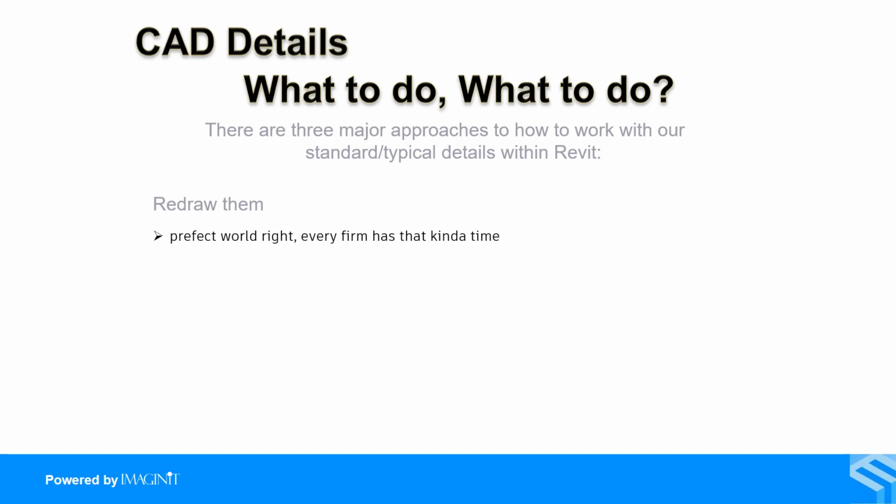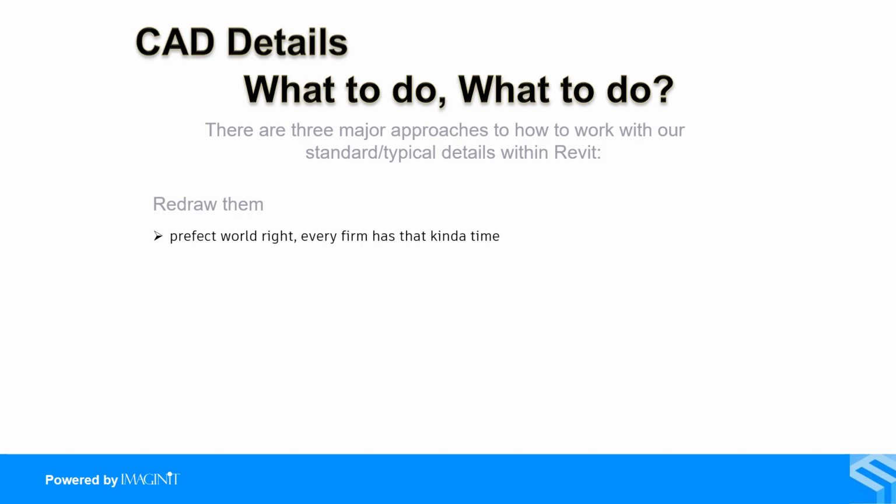So one of the solutions to this is the word intern. We can get an intern to start redrawing them. I will say that redrawing something in Revit is a great learning tool in how to use Revit, because you don't have to think about the design or whatnot. You're just sort of pushing this back out.